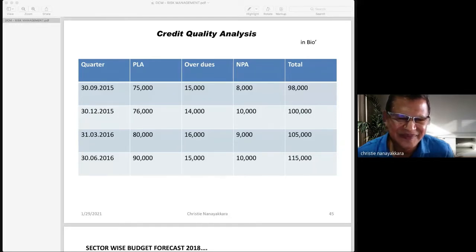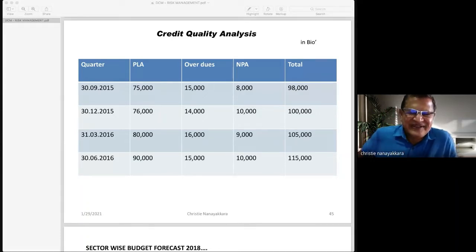In December, it is 100 billion. And in March 2016, 105. Because the loan portfolio grows, that's how the banks operate. Based on deposit taking, the loans also will grow every quarter, every year, and so on. So you can do the quality analysis on a quarterly basis.